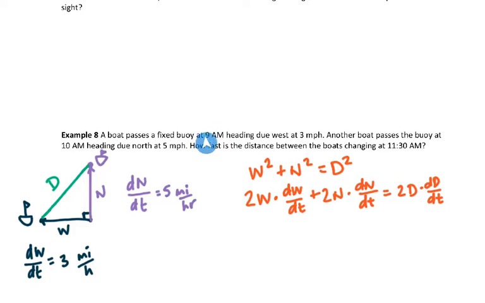It started at 9 a.m. and it's going 3 miles per hour all the way until 11:30 a.m. So that's happening for 2.5 hours. So that means it's traveled a total distance, if you just multiply those, 3 times 2.5, of 7.5 miles.